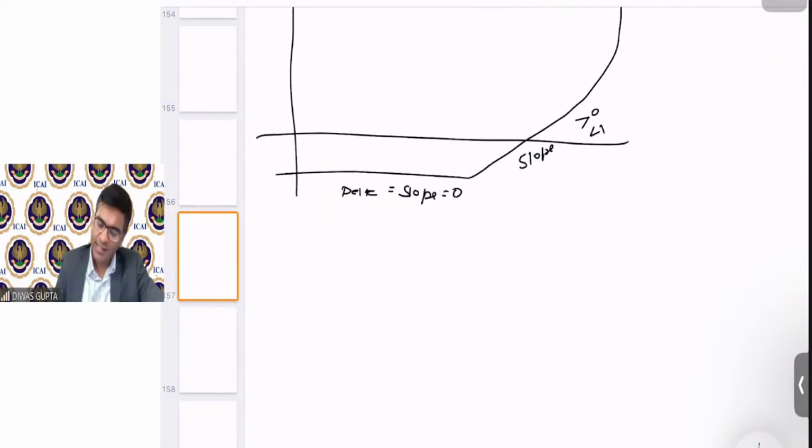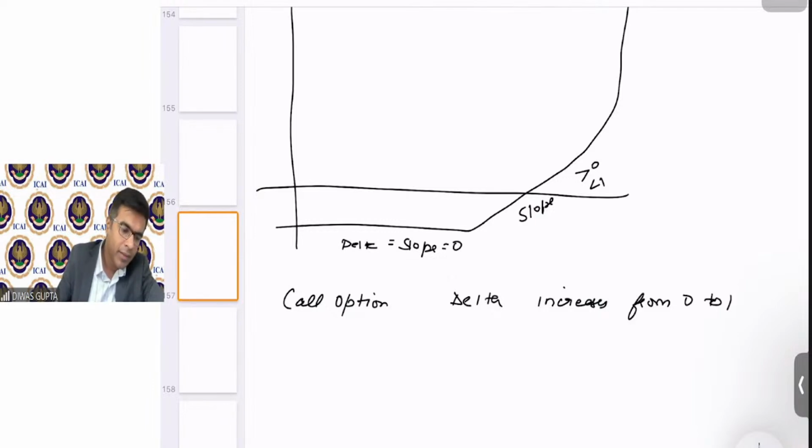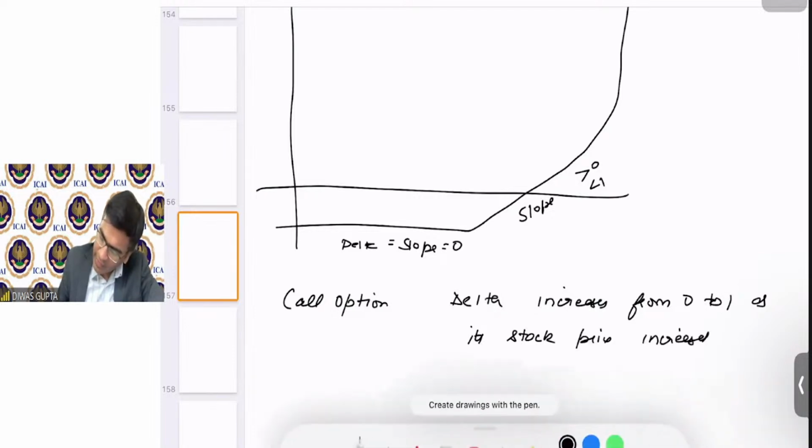So we are saying that call option delta increases from 0 to 1 as its stock price increases. Okay, let me just mention here delta moves.